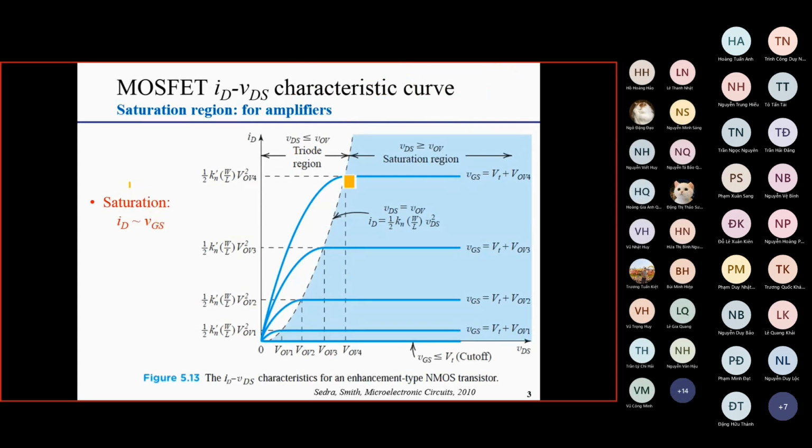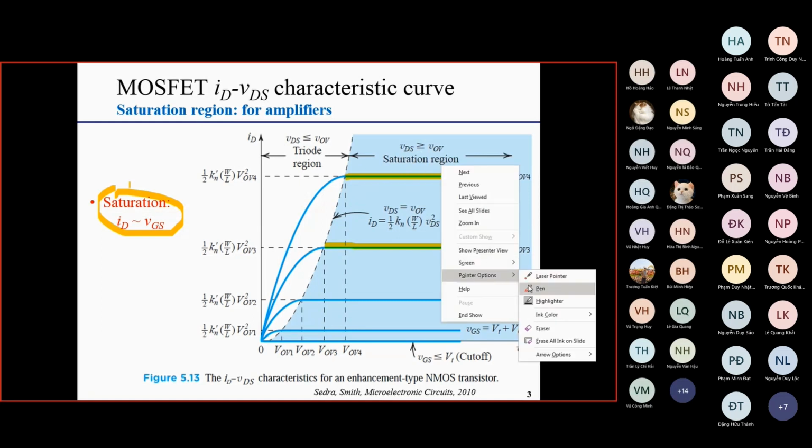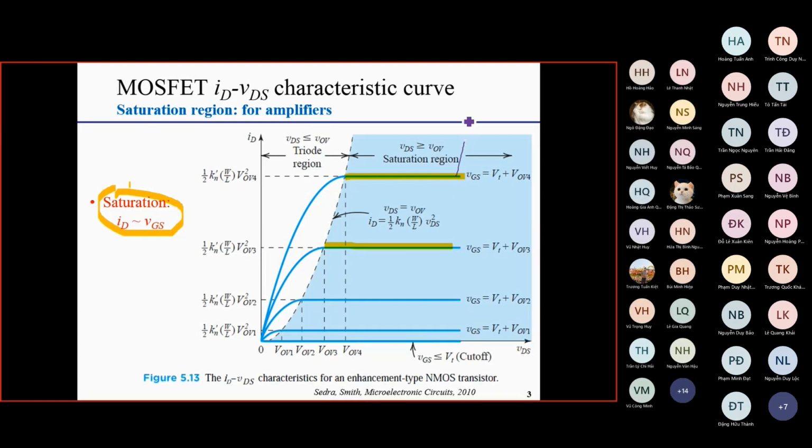So again, in order to use the field effect transistor as an amplifier, we have to bias the transistor in the saturation mode, in this part of the characteristic curve. There are two conditions in the saturation region. The first condition is VGS higher than the threshold voltage VTN, or Vt.